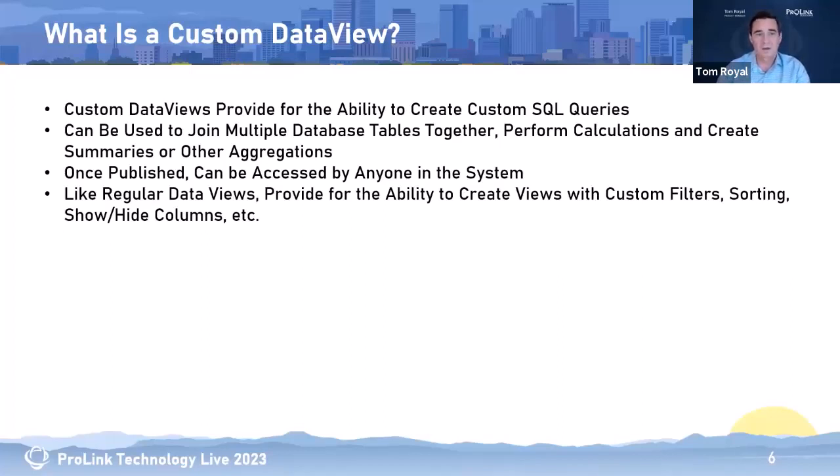Those SQL queries can be used to join multiple database tables together. You can perform calculations, and you can create summaries and other aggregations. Just about anything that you can do in writing a query for a report or a dashboard, you could also put into the HFA custom data view functionality, and make that available for everybody to use within the system.